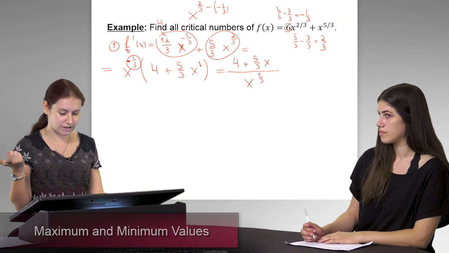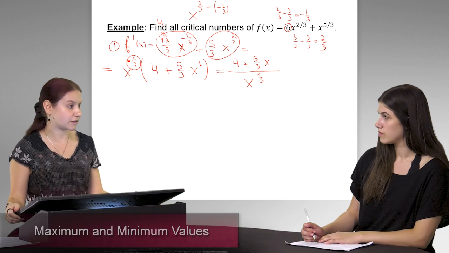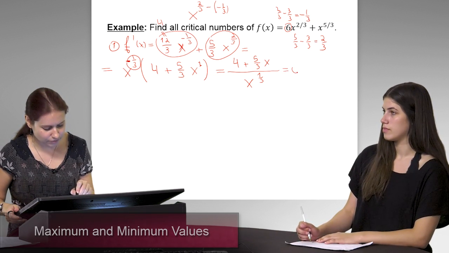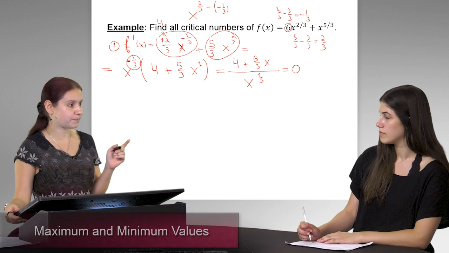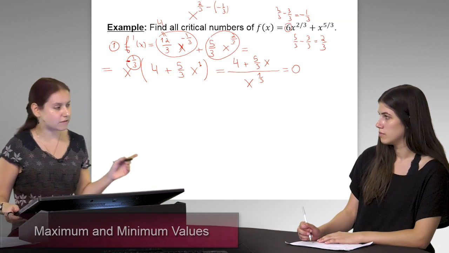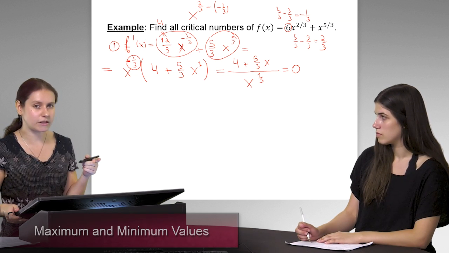So now you see two sides of the fraction, and it's helpful because now you can analyze the situation. The idea is I want to find zeros and the points at which the derivative does not exist. Zeros, which means where the whole fraction is 0, are coming from the numerator.